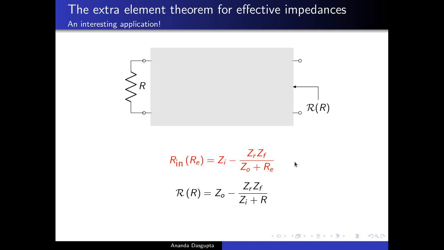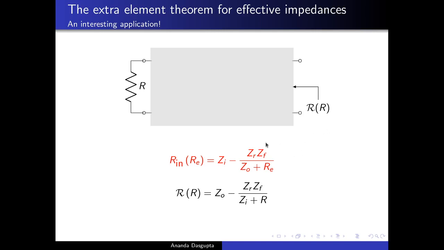Well, do we have to work it out again? The answer is no. All you have to do is realize that the Z parameter equivalent circuit is perfectly symmetric. So to go from the previous expression to this one, all you have to do is interchange the input and the output parameters. So Zi becomes Zo, Zo becomes Zi, and Zr, Zf get interchanged.